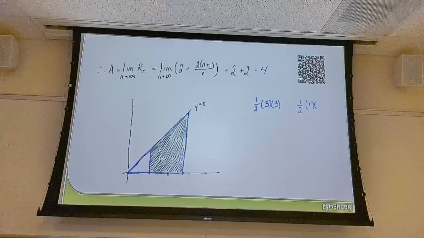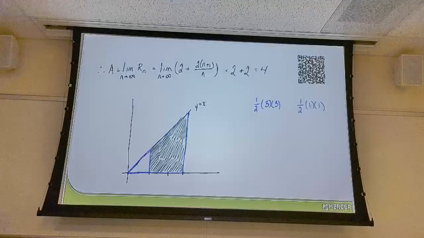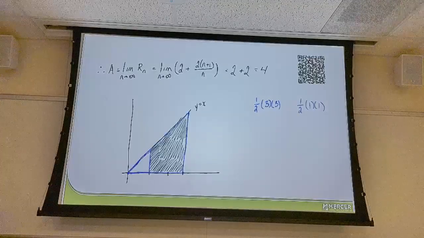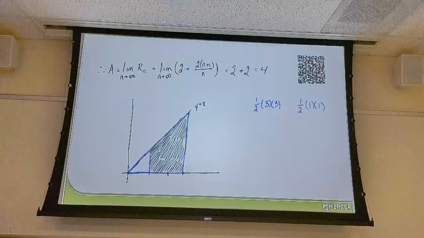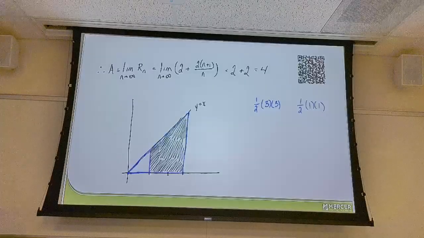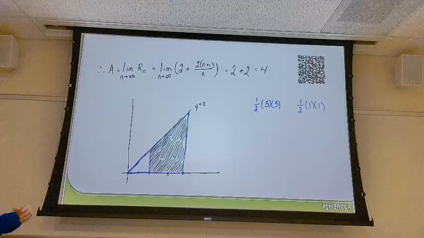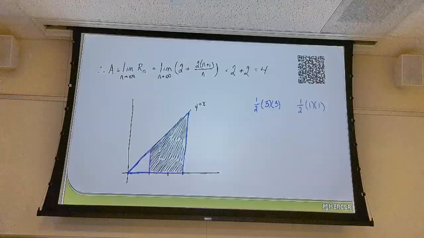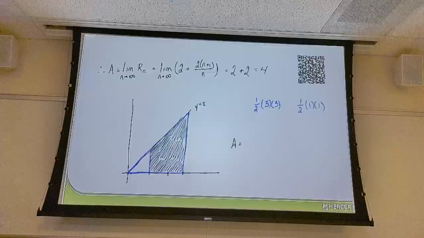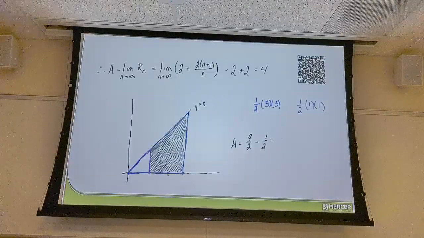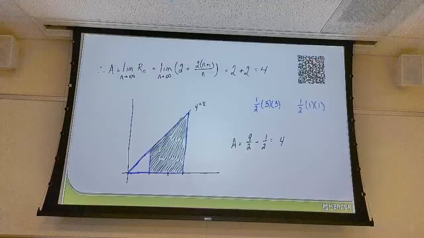What's the height? 1. Isn't the area of our region the area of the larger triangle minus the area of the smaller triangle? Which is 4.